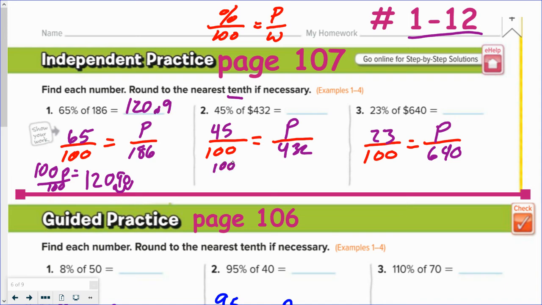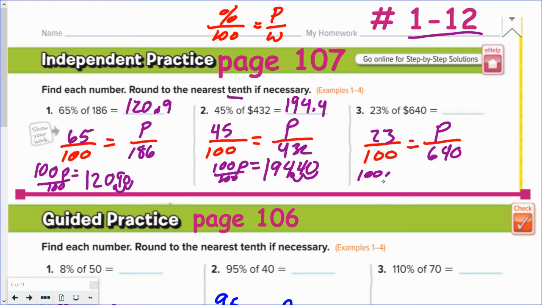All right, 100p equals 45 times my 432. I get 19,440. Divide by your 100, which means I move my decimal over twice. So 194.4.